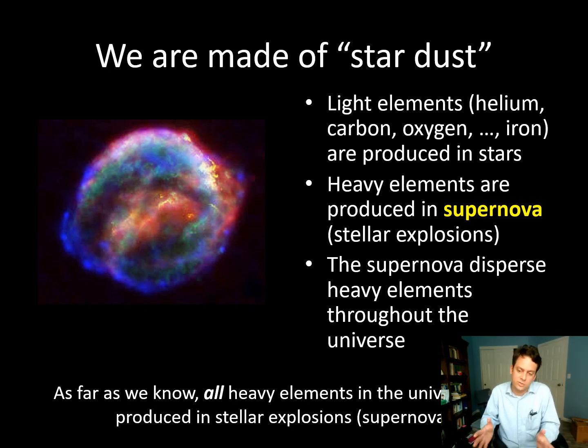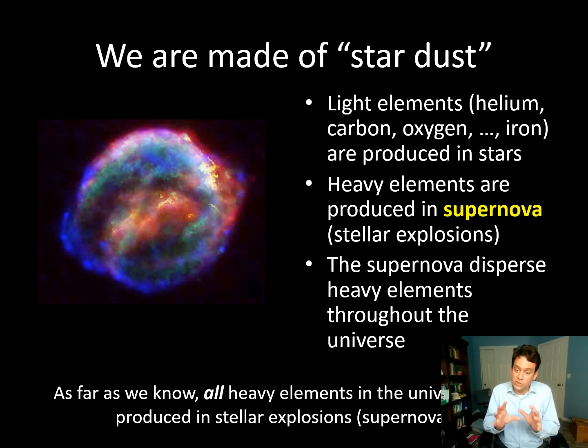But the heavier ones are radioactive enough that they will decay away and won't be observed later. So the light elements, everything up to iron, can be produced in stars under normal circumstances. The heavier elements between iron and, say, uranium are produced, as best we know, only in these supernova explosions.